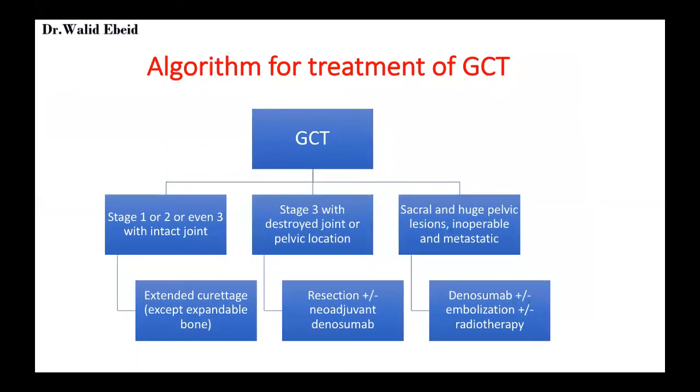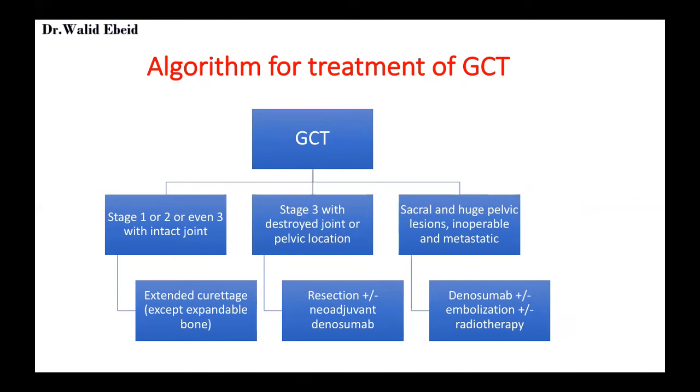This is my final slide to show our algorithm in treating giant cell tumor in general. For stage 1, 2, and 3 with an intact joint, we do extended curettage, unless it's an expendable bone like the proximal fibula or distal ulna, where we do resection. In stage 3 giant cell tumor with a destroyed joint that is not amenable to curettage, we do resection. In certain pelvic locations, we do resection and reconstruction of the defect.